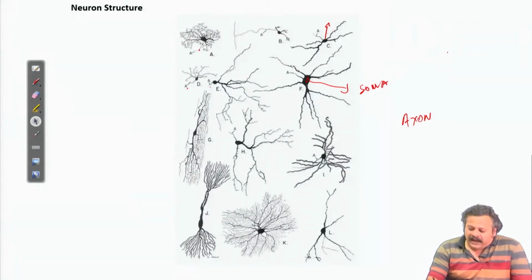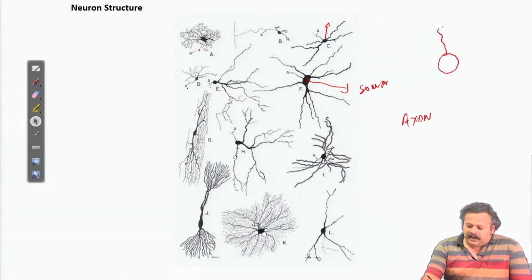So what we have in general is a neuron with its cell soma like so, and there are structures protruding from it in multiple directions with a variety of morphologies possible.